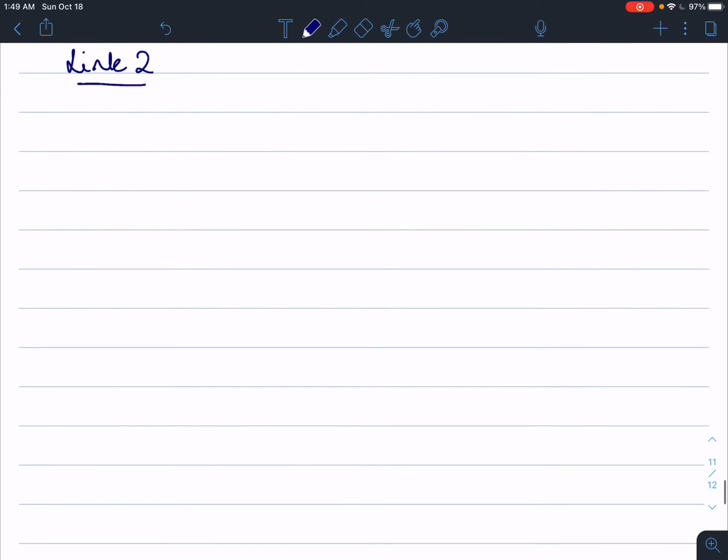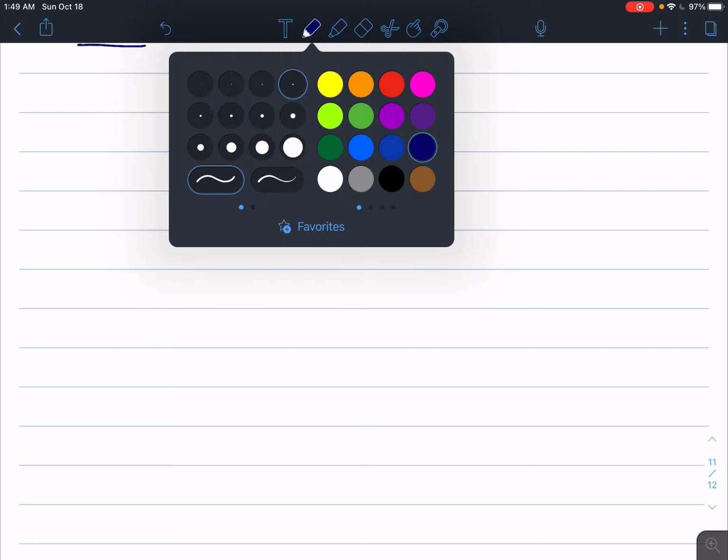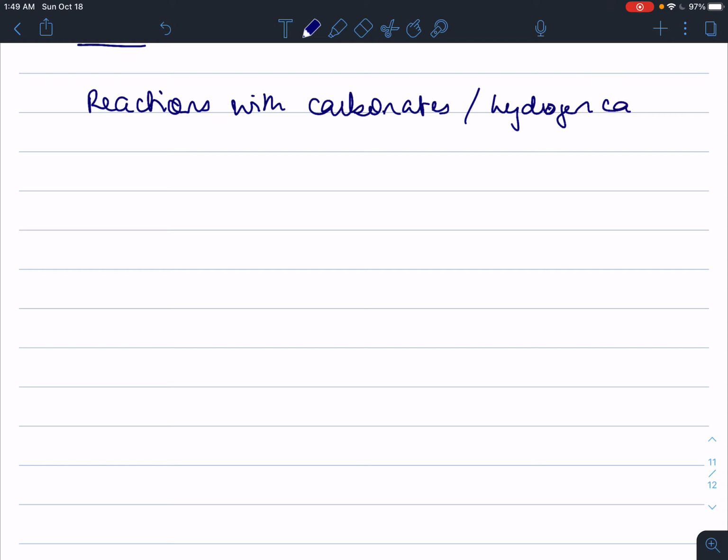Okay. Now, let's look at another kind of reaction. Reactions with carbonates or hydrogen carbonates. Now, carbonates are salts of carbonic acid.